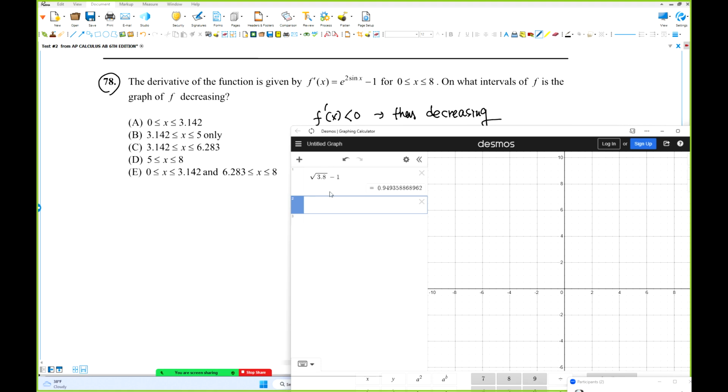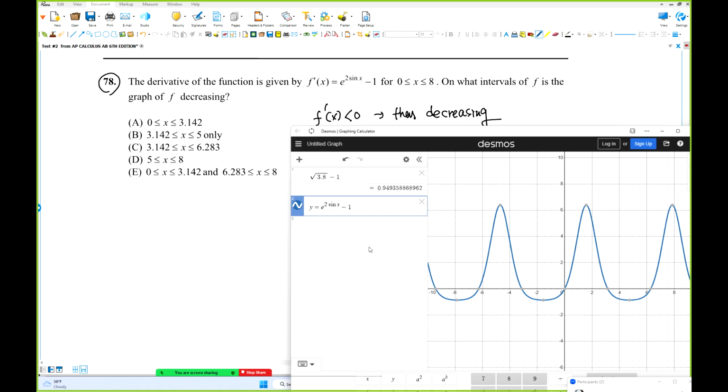The first derivative is already given. That is y equals the first derivative, e to the 2 sine x minus 1. That's the graph, from 0 to 8 only.